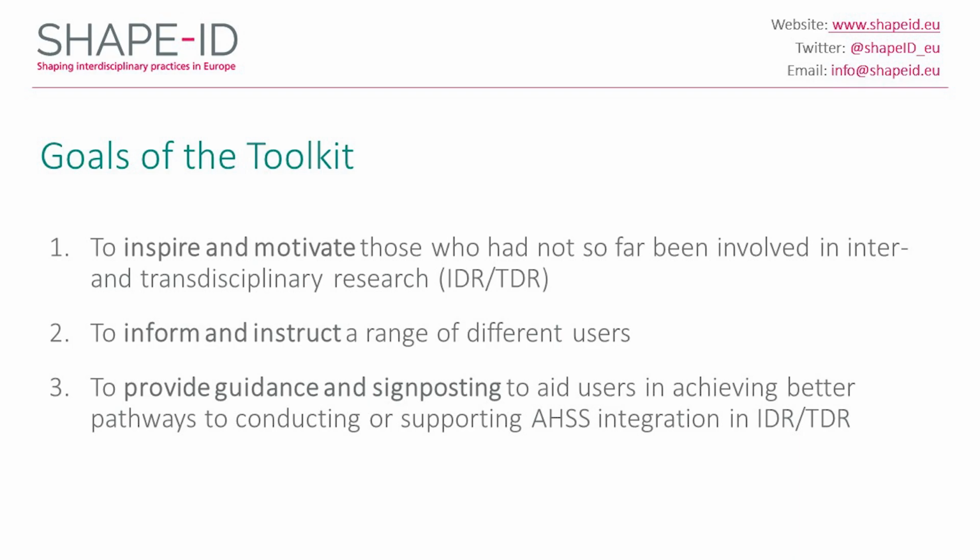We had a specific focus on supporting the integration of arts, humanities, and social science in inter and transdisciplinary research in the Shape ID project. But I'm not sure how relevant that is to this audience, but I think many of the materials are relevant across a much wider range of disciplines than that. Next slide, please.